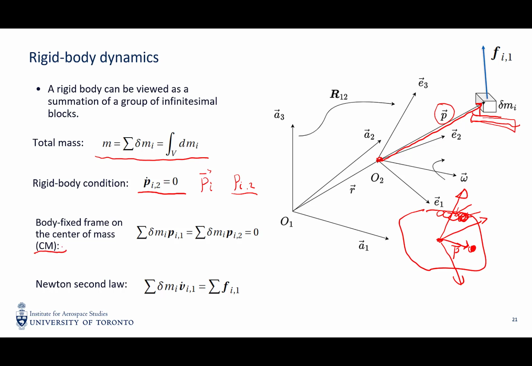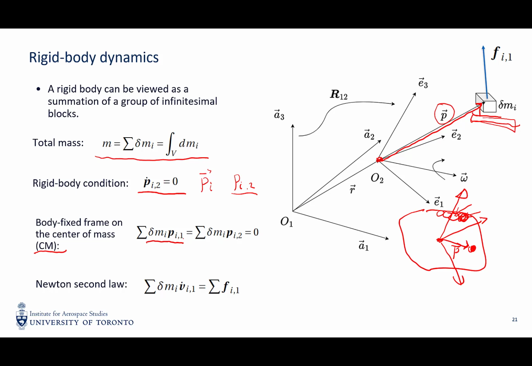And in terms of picking the body fixed frame, here we do not just randomly pick one. We're going to pick a very special one with its origin at the center of mass. So by applying this condition, we say that the weighted sum of all the coordinates pi is 0, because the center of this body fixed frame we pick is at the center of mass.